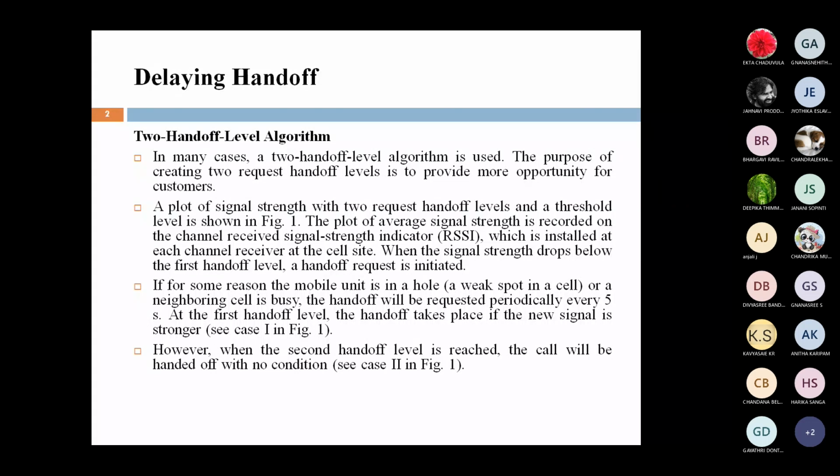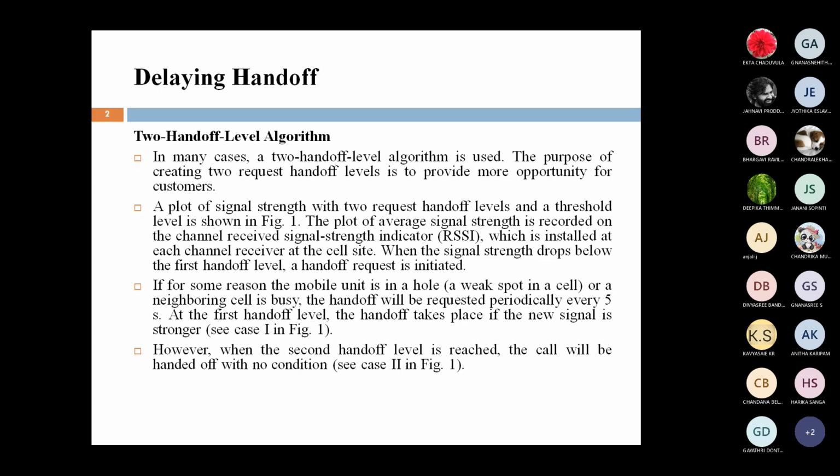The algorithm used for this delaying handoff is called the two-level handoff algorithm. For each and every cell, we define two levels. Whenever the mobile unit reaches the L1 distance, the first handoff is raised, but the MSC does not give any new channel.